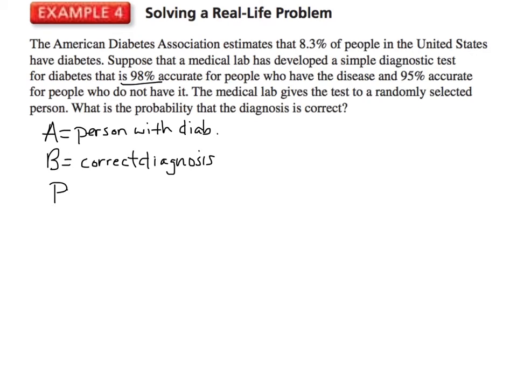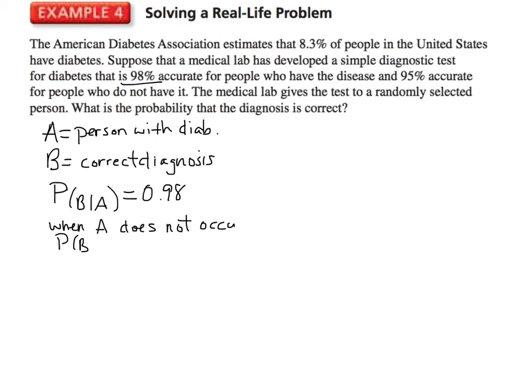So we know the probability of B given A is 98%. Now, when A does not occur, the probability of B is 95%. So we're going to represent that as 95 or 0.95.